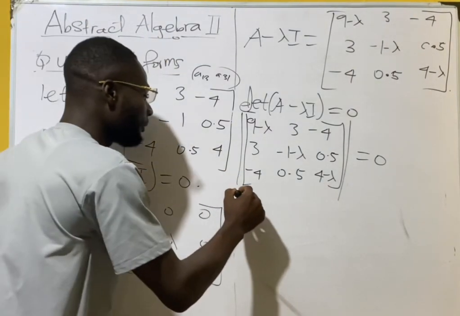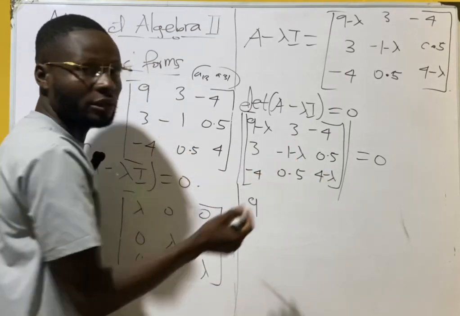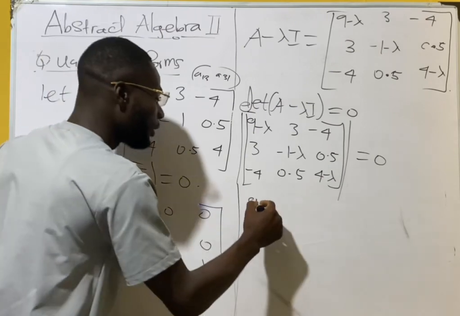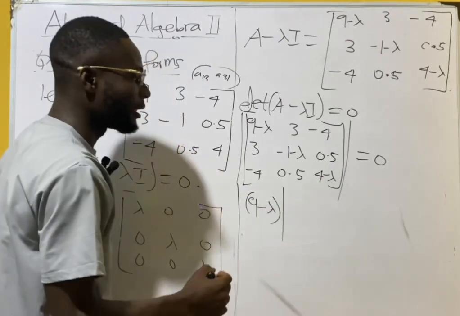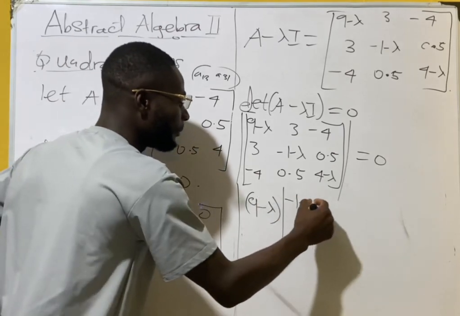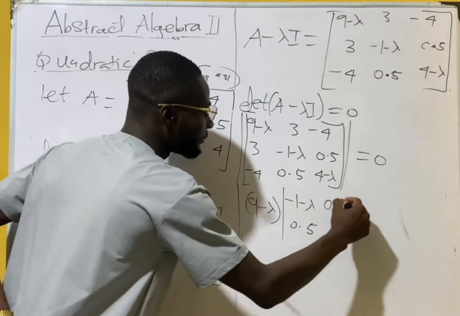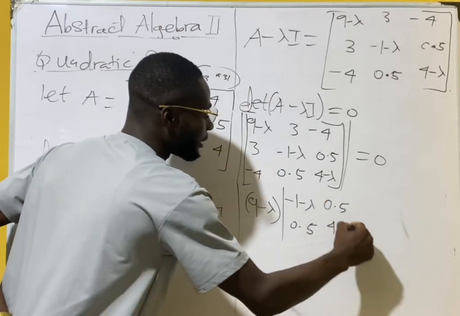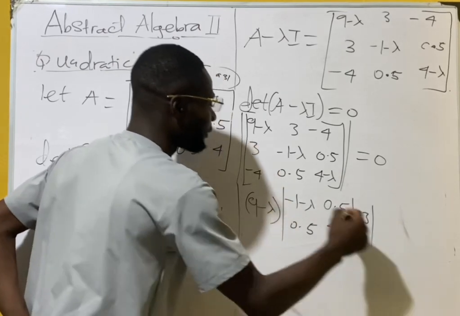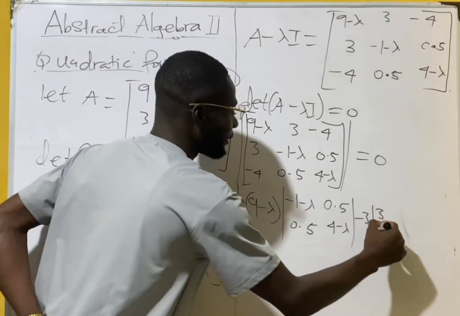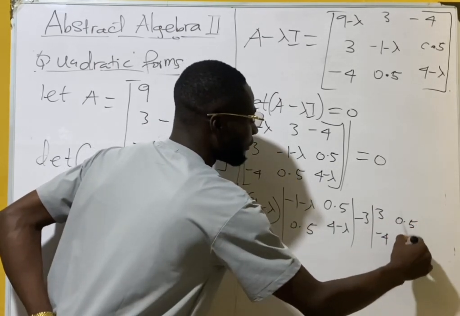So here we're going to have, we are using row 1, right? So that would be 9 minus lambda multiplied by 0.5, 4 minus lambda, minus 3 multiplied by 3, negative 4, 0.5, 4 minus what?